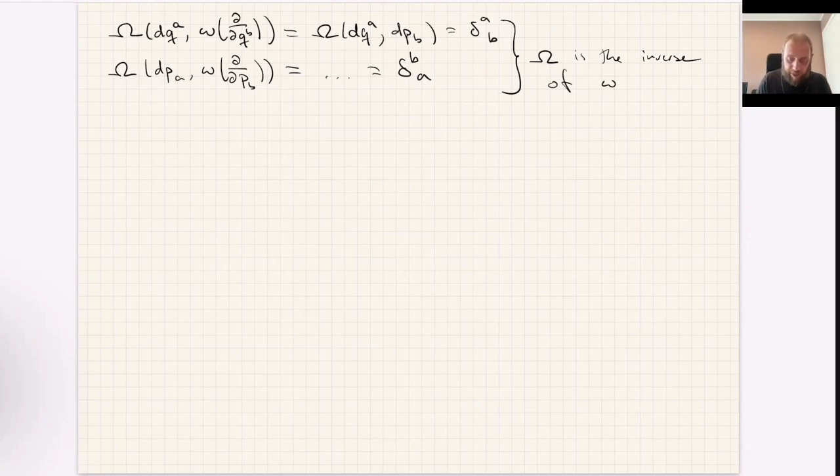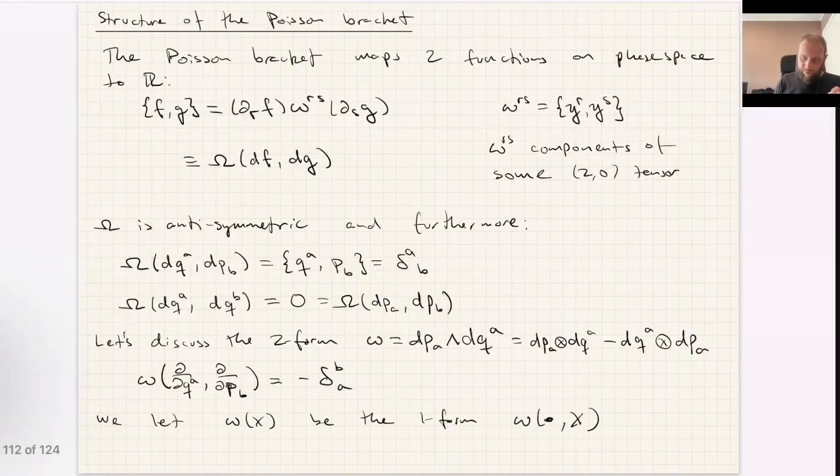I could use the lowercase omega to map a vector to a one form, and I can use the capital omega to insert in the second argument. If I insert a dual vector there, I get a vector out. So if I compose those, I map a vector to a vector.